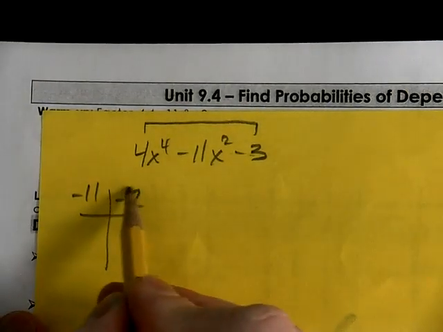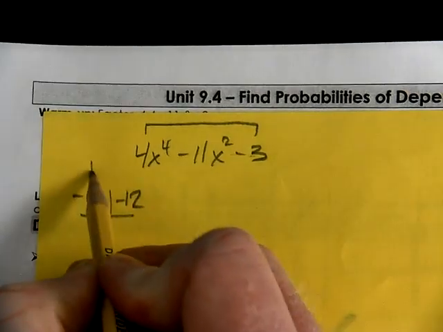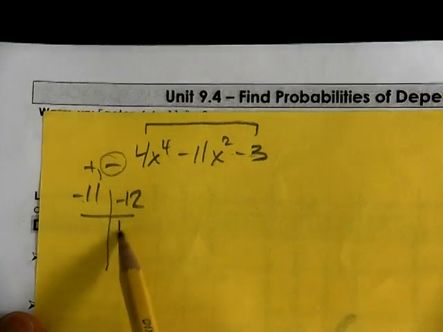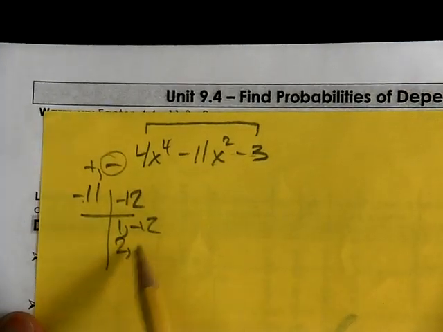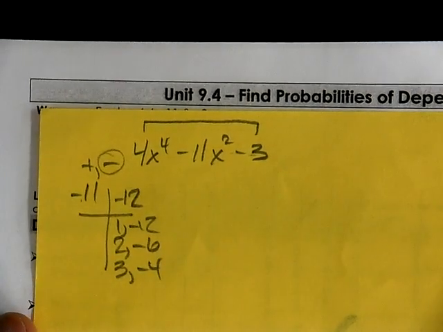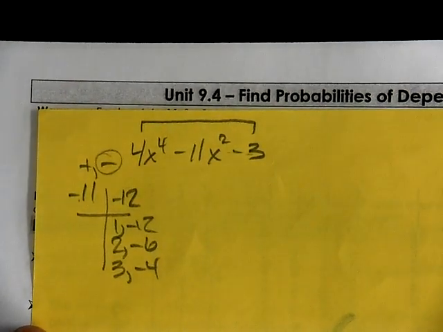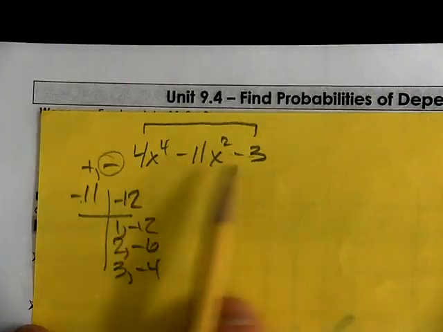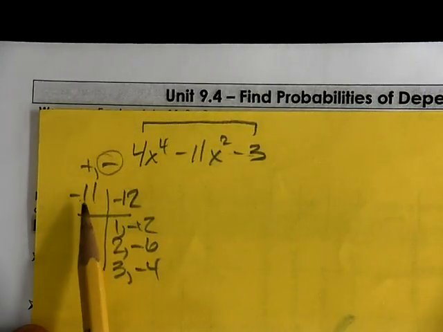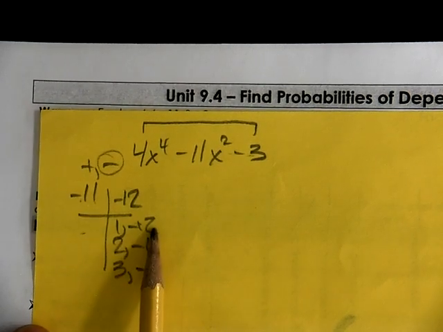You know the two numbers have to be different to multiply to be negative 12, and the larger number has to be negative. So 1 and negative 12, 2 and negative 6, 3 and negative 4. Those are the only ways to multiply to be negative 12. And there's only one of those ways that add to be negative 11.